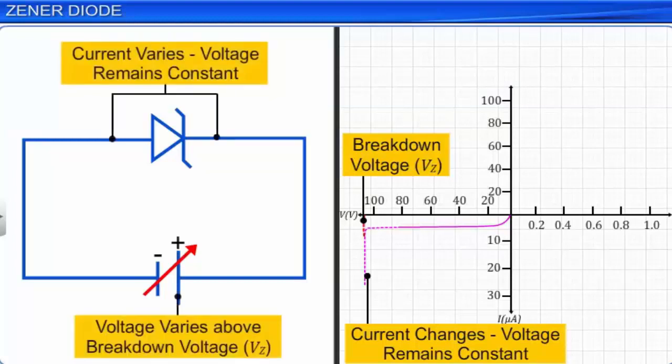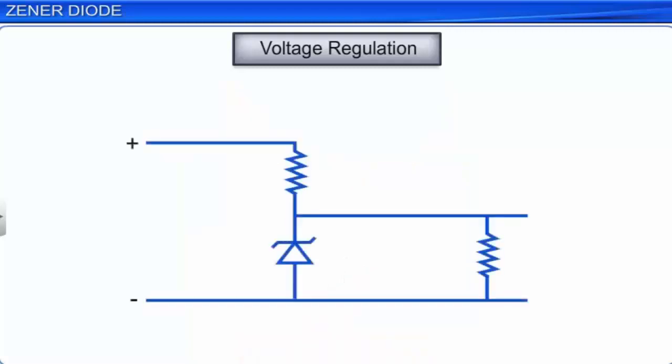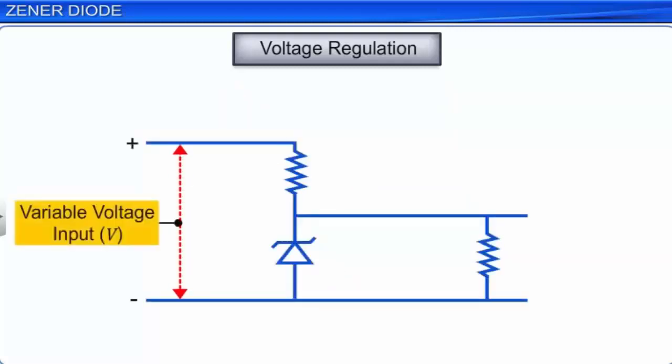Thus, a Zener diode can be used as a voltage regulator to convert a variable voltage input into a constant voltage output. Here is a simple circuit used for converting a variable voltage input, say, from a rectifier into a constant voltage output using a Zener diode.